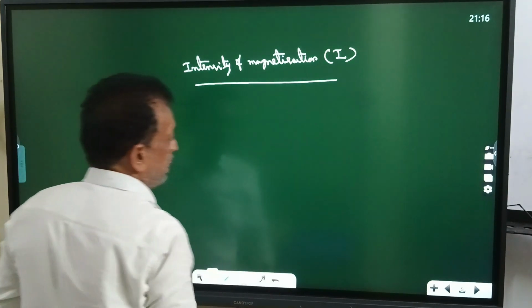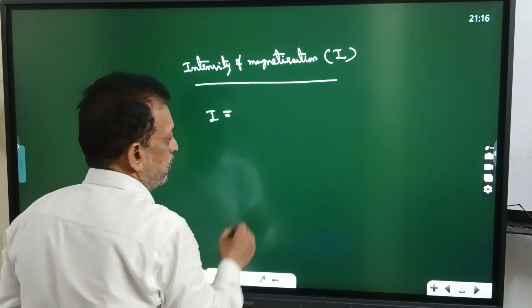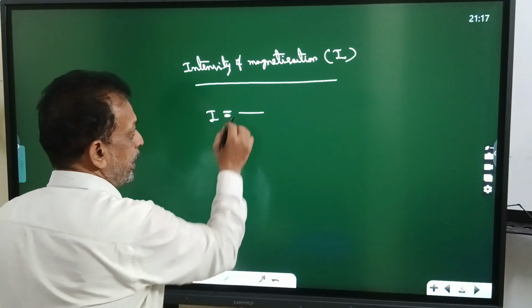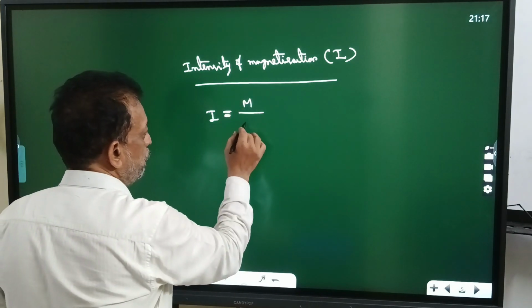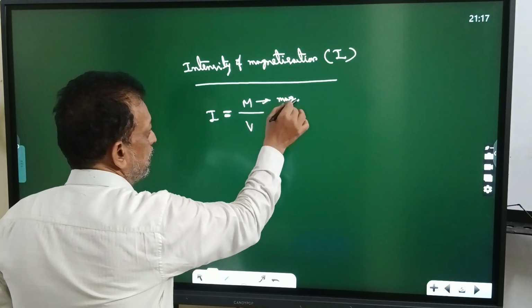So I is equal to, I give the formula if you don't know about it. I is equal to magnetic moment by volume, where M stands for magnetic moment.